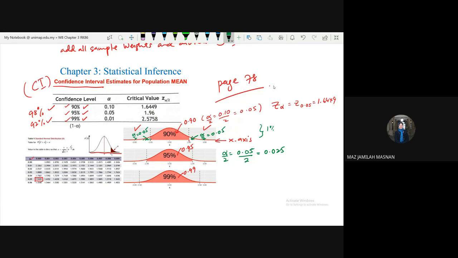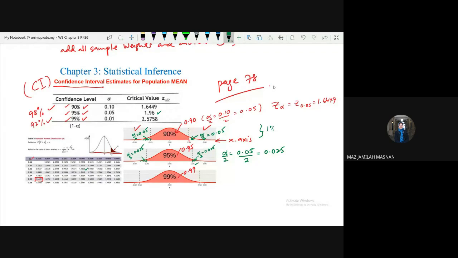So how do I know this is my 0.025? This is my alpha over 2, 0.025. And what is my critical value here? The critical value for 0.025 would be 1.96. So that's how we use our upper tail table to find our critical value.